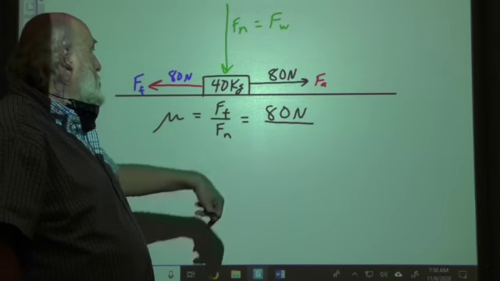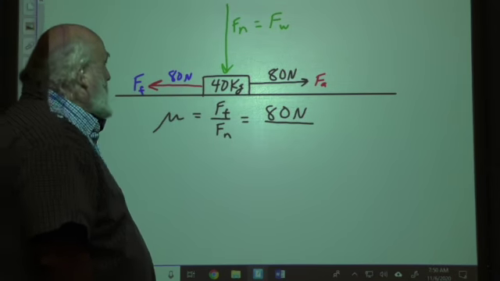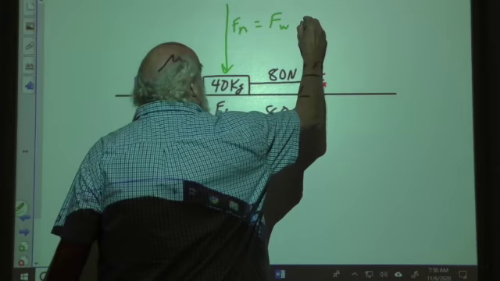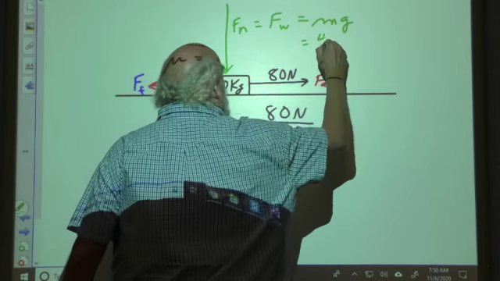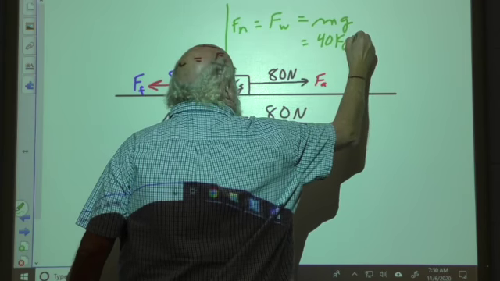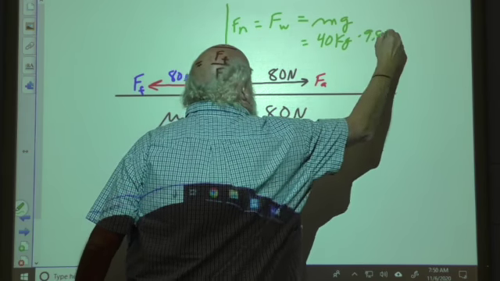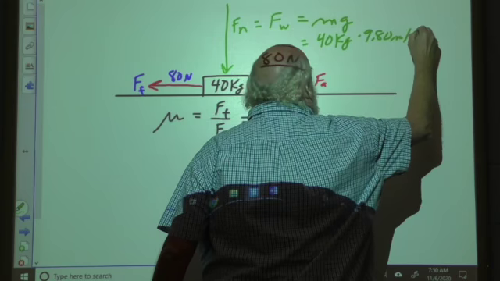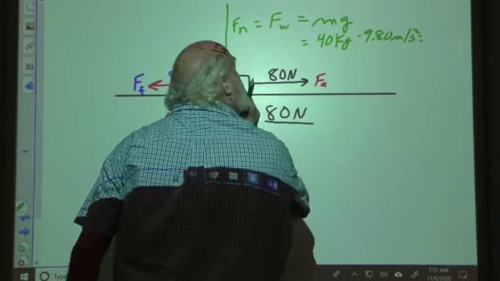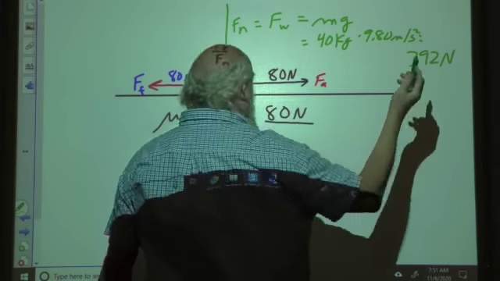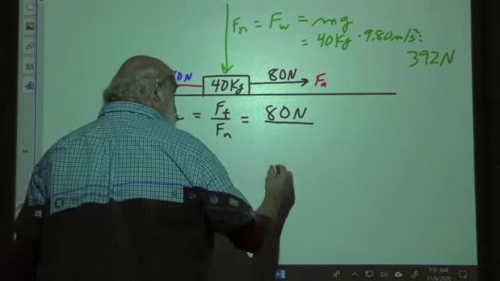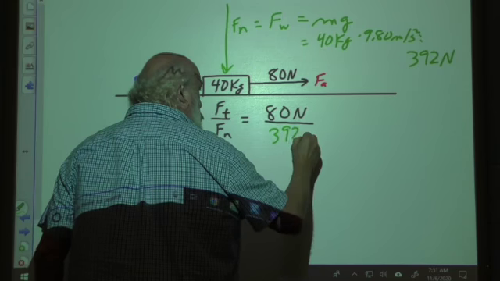We'll put the newtons down here as capital N. So we can find F sub N as M times G. So that's going to be 40 kilograms times 9.80 meters per second squared. And that's going to equal 392 newtons, capital N. So I'll put that 392 newtons right there.